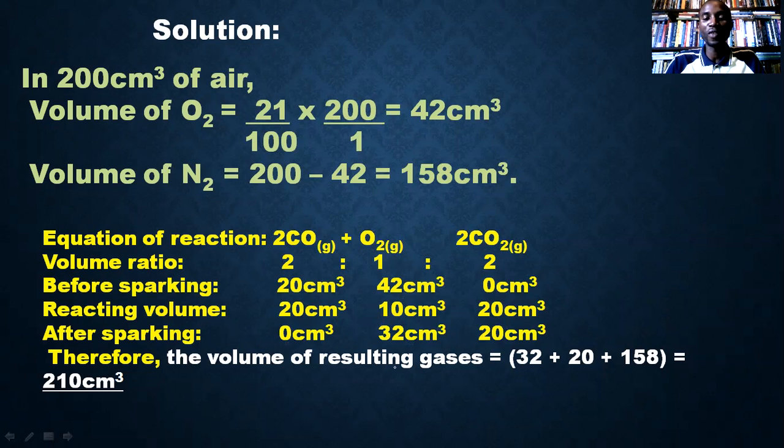Therefore the volume of the reacting gases will be 32 plus 20 plus 158. This 158 is the volume of the nitrogen, and all together it is going to be 210 cm cube.